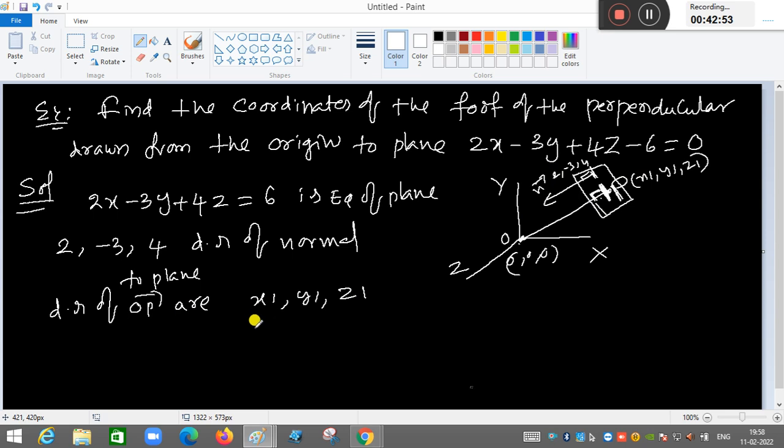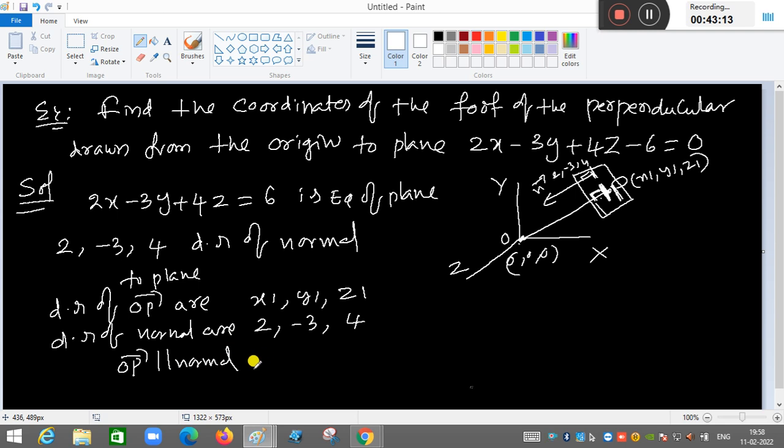Direction ratios of the normal are 2, -3, 4. OP is parallel to the normal. Therefore these are proportional: x1 by 2, y1 by -3, z1 by 4 equal to lambda.